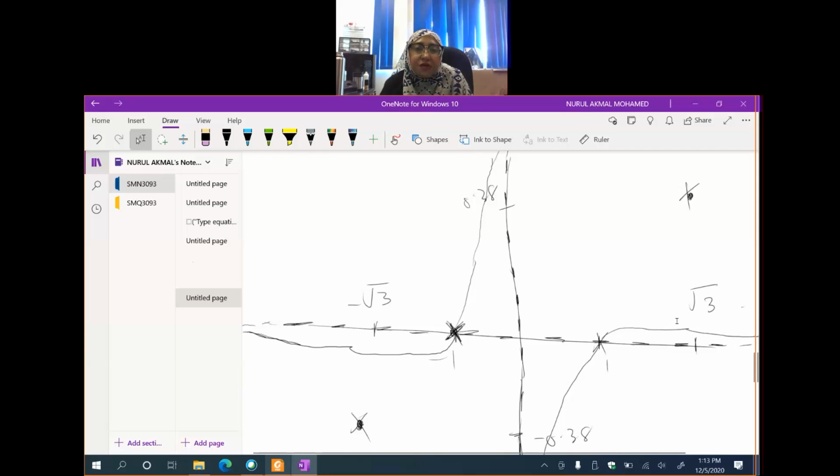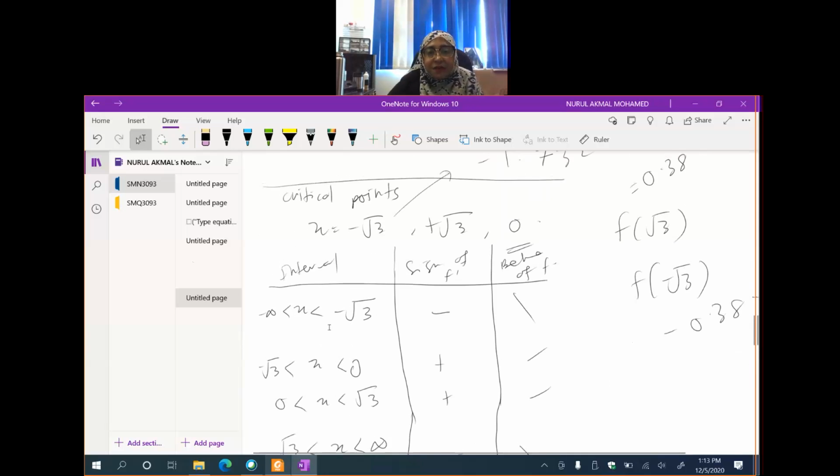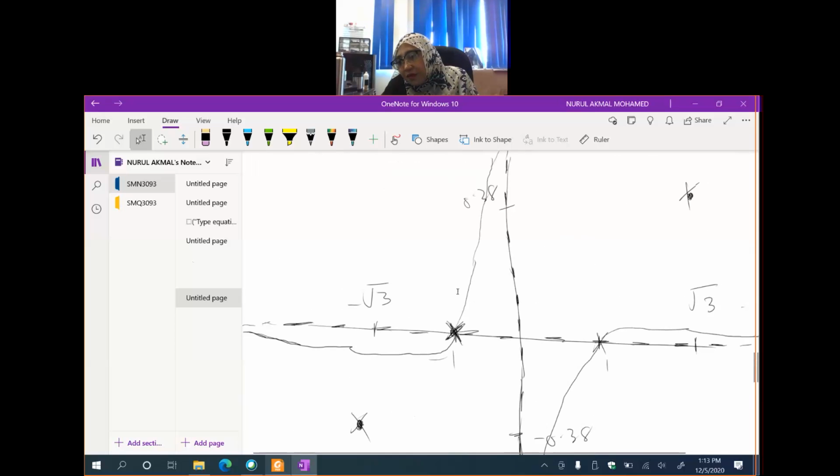Can we check for this one? For square root of 3, what is the square root of 3? Square root of 3 is the critical point. Critical points means that it is a stationary point. So we will have a minimum. Here there will be a minimum before it goes up.